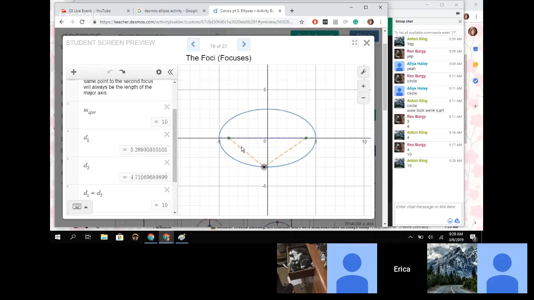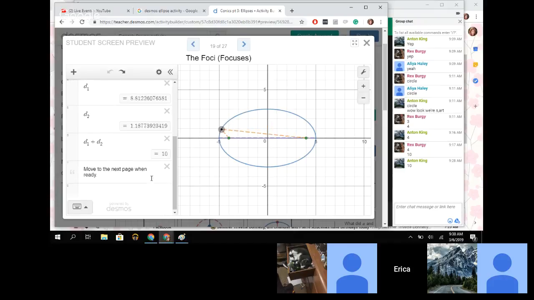Right? So that's what makes ellipses kind of cool, and that's how you can actually draw an ellipse, by taking these two focus points and taking a string of the length of your major axis and then basically rotating it about those two points. Does that make sense?